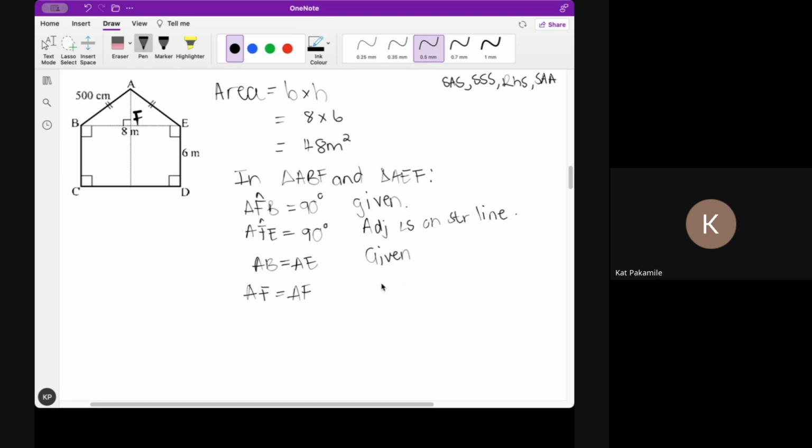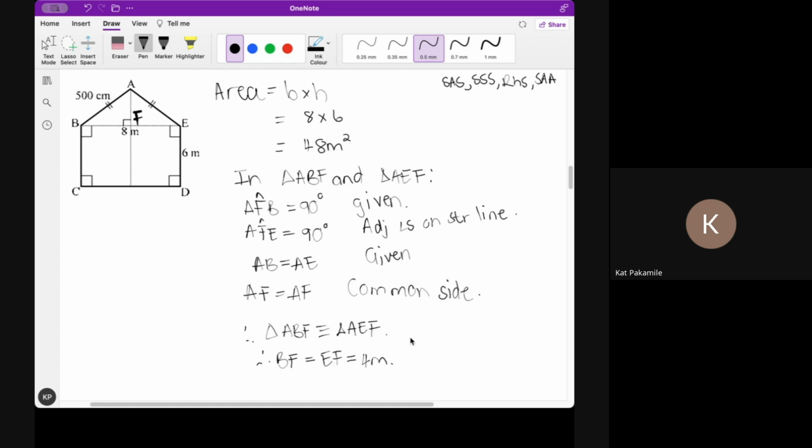It is a common side. Great. Therefore, triangle ABF is in fact the exact same triangle, so it's congruent to AEF.